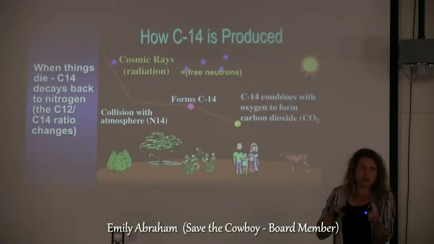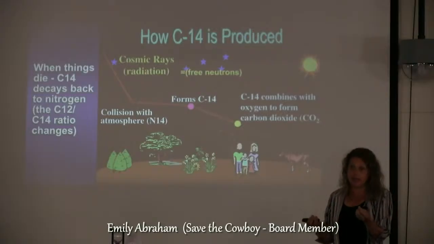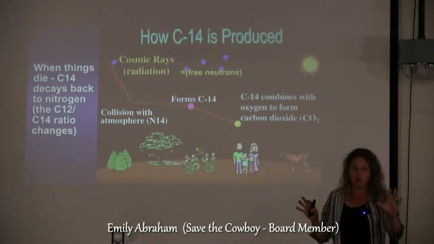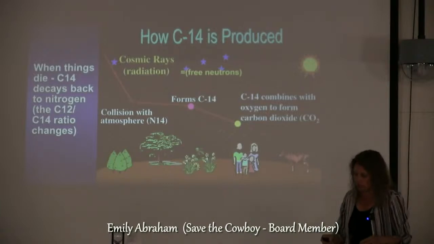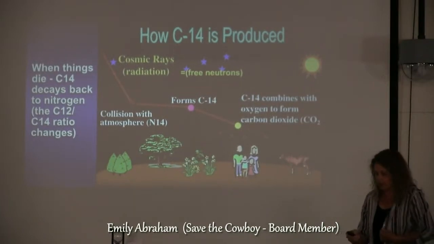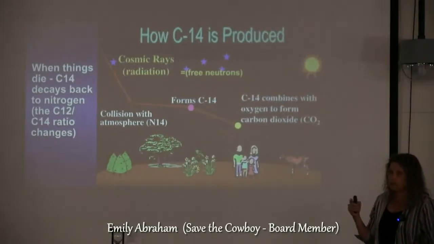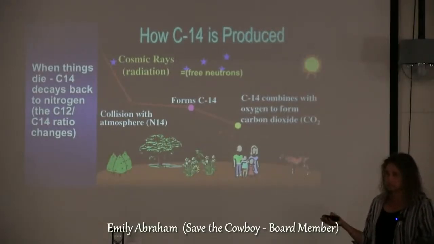Then through the process, it picks up the 8 neutrons. You don't need to know that detail. But this is how it's produced from the cosmic rays smashing into the atmosphere. And then it combines with oxygen to create CO2.